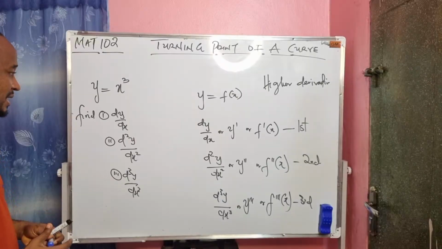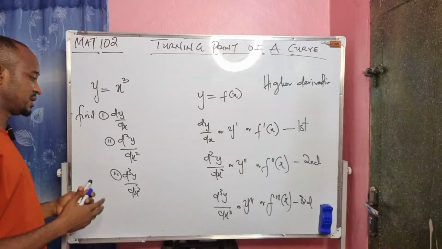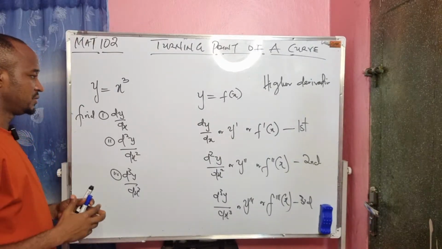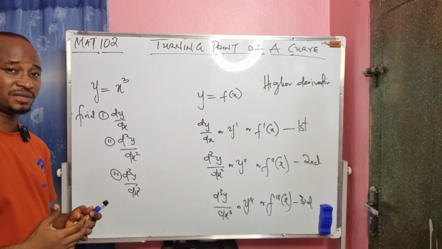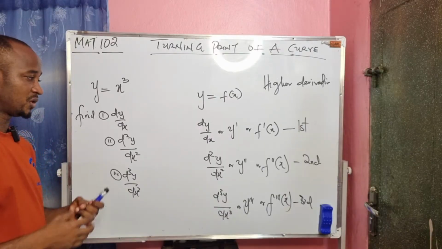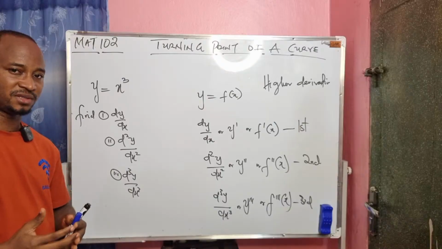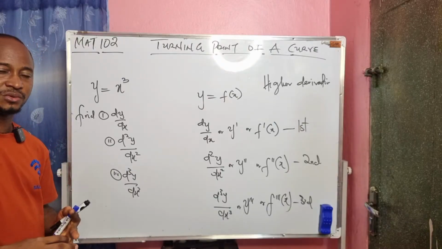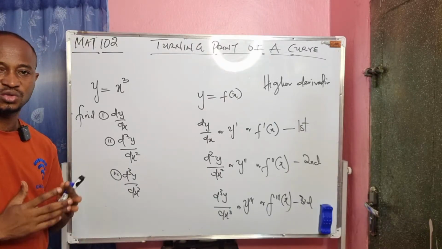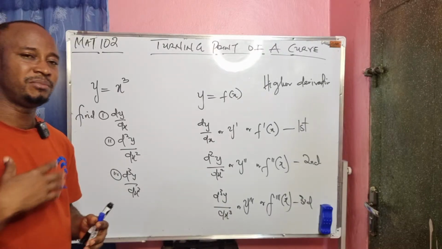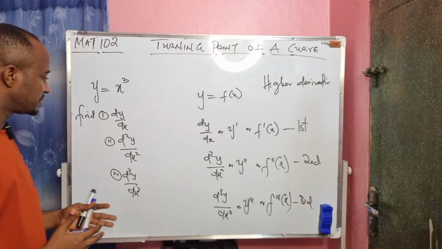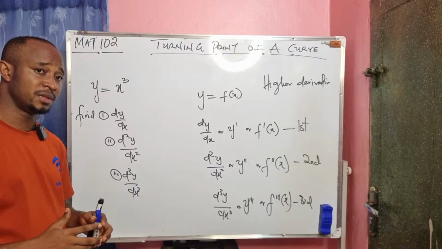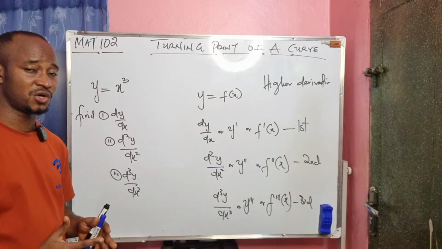Already we have learned how to find differentiation or derivative using various methods. We have the power rule of differentiation, also called the general method of differentiation. We have the first principle, the product rule, the quotient rule, the implicit function, and the chain rule or function of a function.